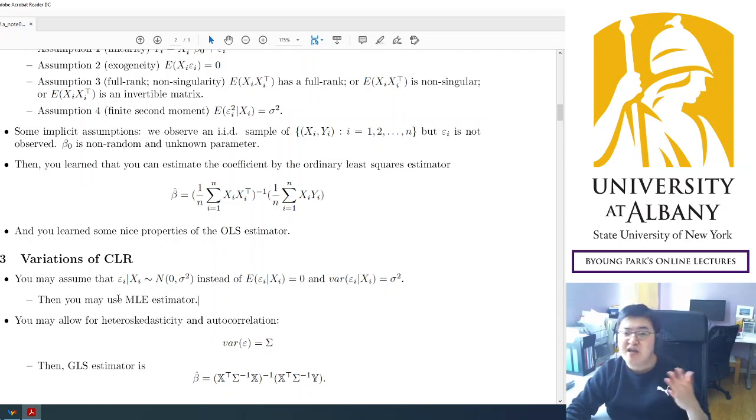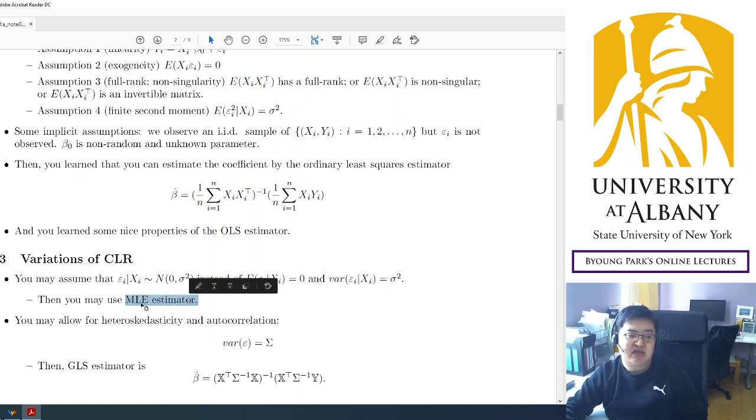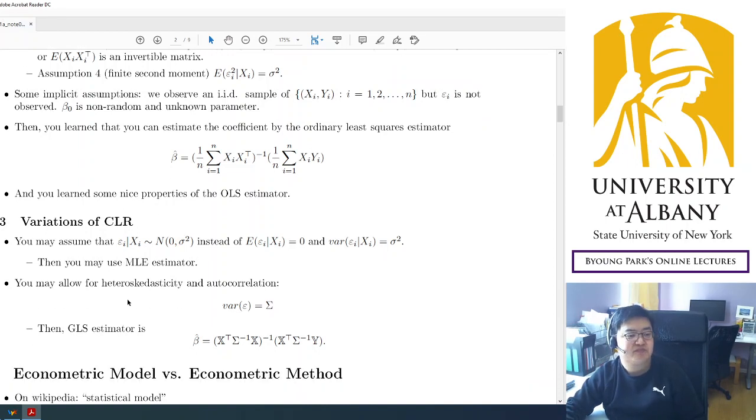And in the end, we learned the MLE estimator is equivalent to OLS estimator in this case, because the linear regression model is a special case. They happen to be the same, but in general, there is a general mathematical result that MLE is the best estimator in general. So when you have a stronger assumption, you can do better.